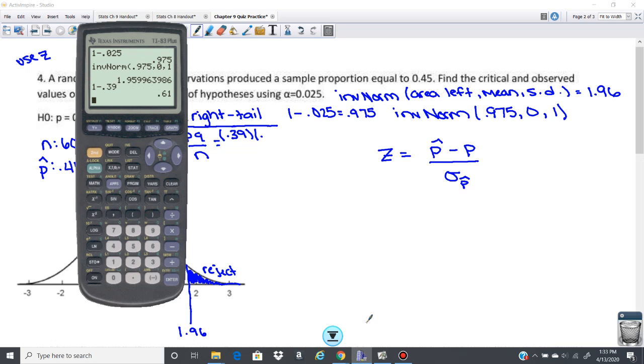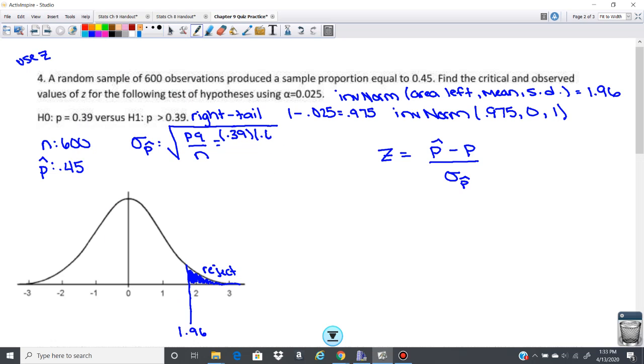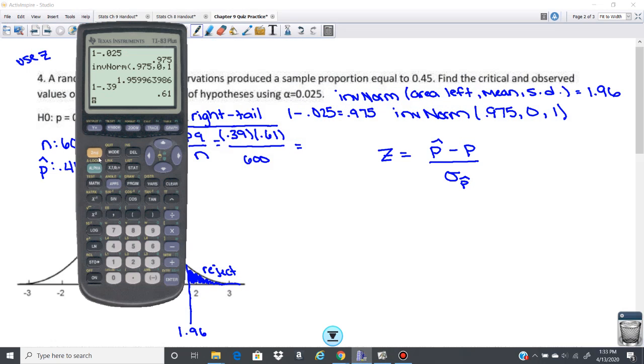Brain fart here, 0.61, yeah. And then our sample size is 600. Let's go ahead and get that value. We get the square root of parentheses 0.39 times 0.61 divided by 600, close the square root.